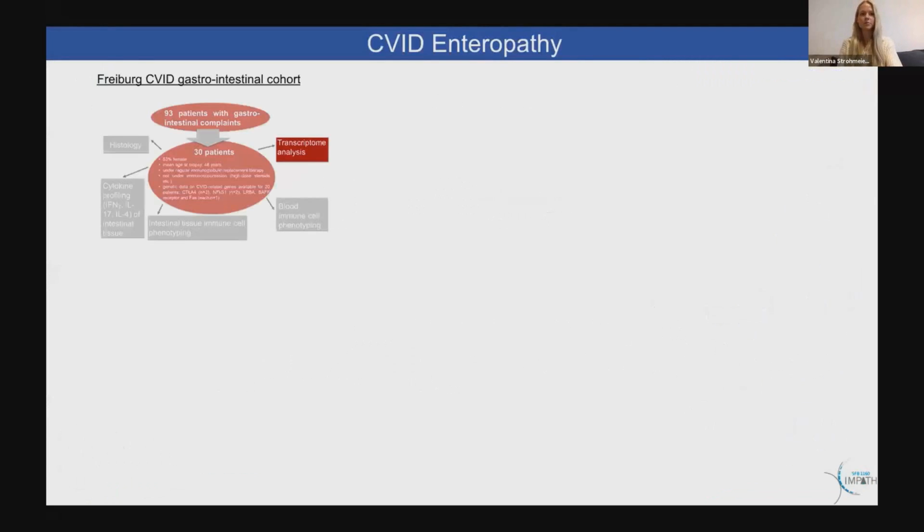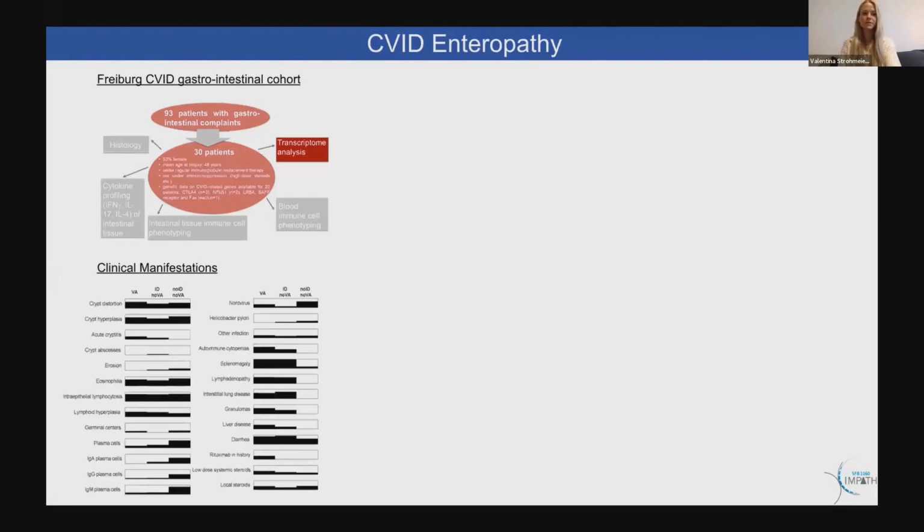We have now analyzed more than 100 patients in our Freiburg CVID gastrointestinal cohort, and we analyzed 30 patients more closely by transcriptome analysis, by histology, and by immune cell phenotyping.